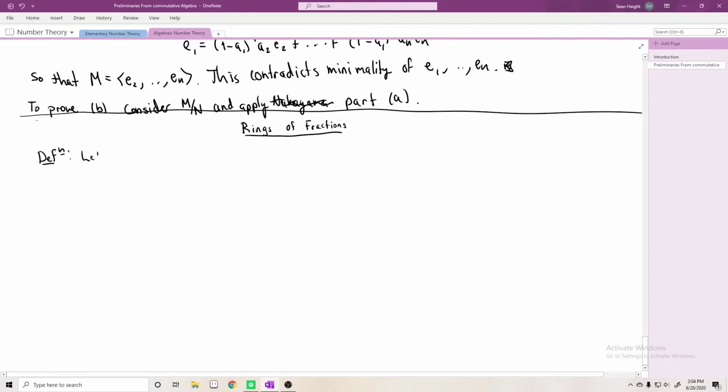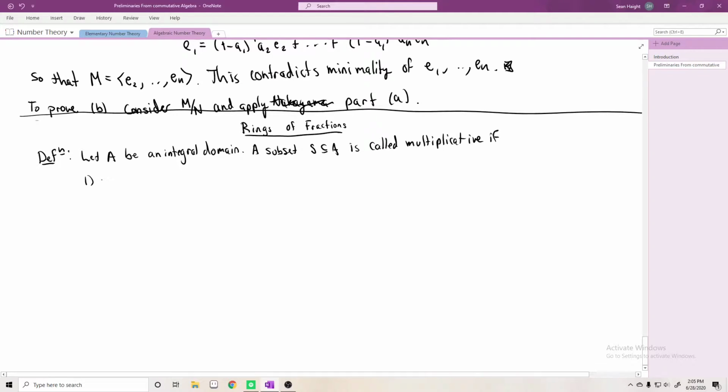We're going to let A be an integral domain. The first thing I need to tell you about is something called a multiplicative subset. A subset S in A is called multiplicative if two things happen.